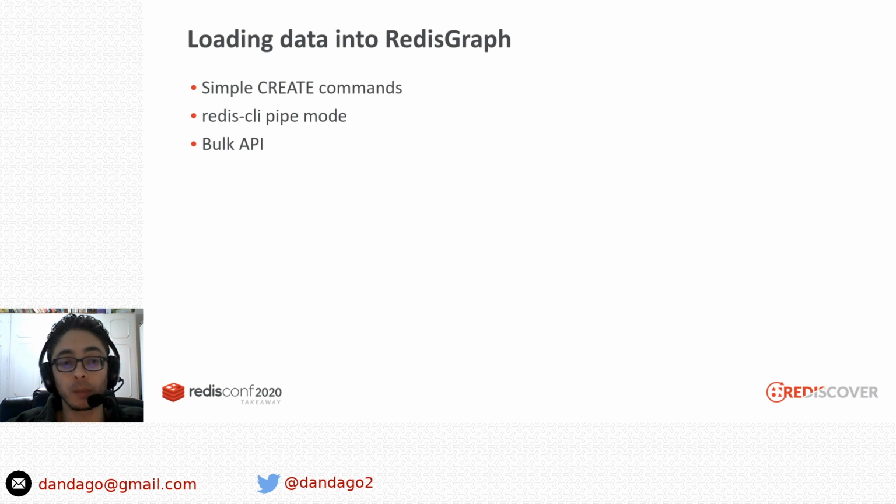For scenarios with much bigger data, there exists a bulk API. It's graph.bulk, and this is as yet pretty much undocumented, but if you need it, just know that it exists. And there also exists a bulk data loader utility. It's on GitHub.